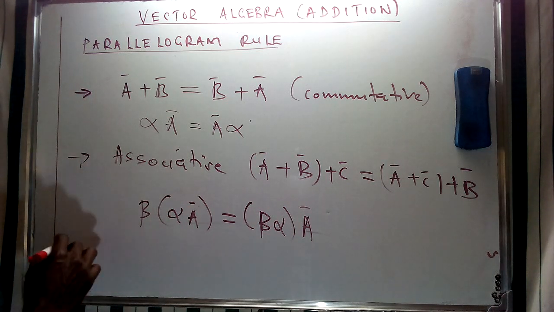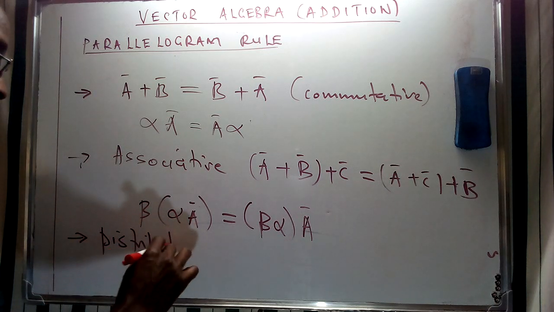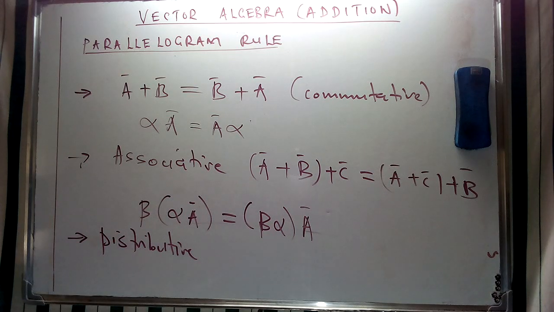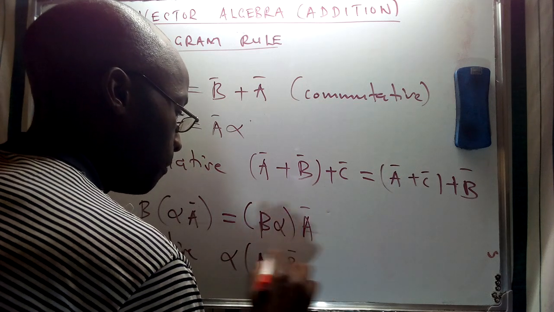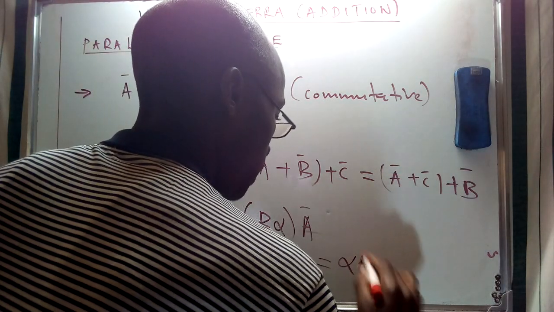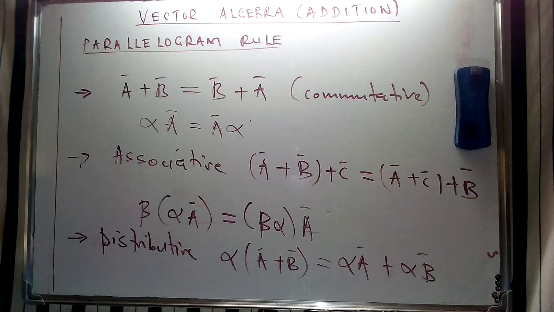And lastly, we see the distributive law, which also affects vectors, whereby if we have a scalar alpha being multiplied by A plus B, which are vectors, this is illustrated using the distributive aspect, whereby A is multiplied by alpha and B is multiplied by alpha.